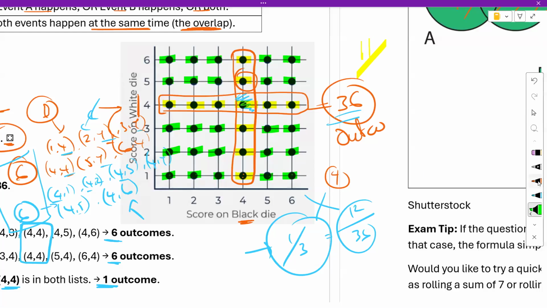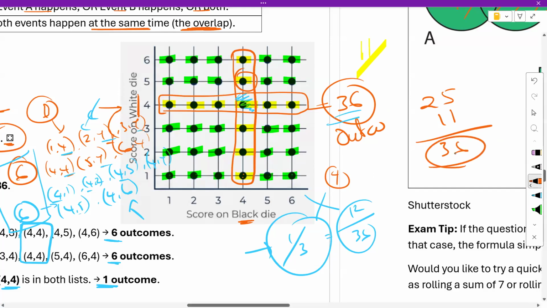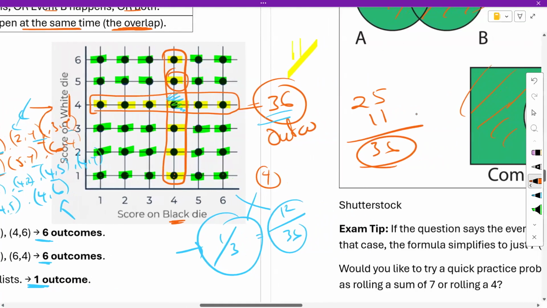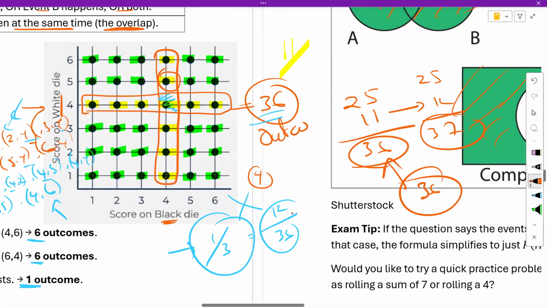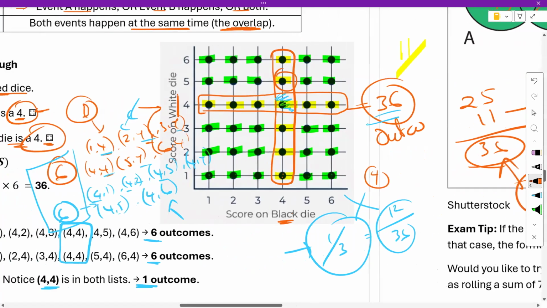So 25 plus 11 is 36. If we counted it as 12, that is counting the overlap 2 times, 25 plus 12 is 37. But actually we have totally 36 outcomes only. Is it clear? Why do we deduct this one?